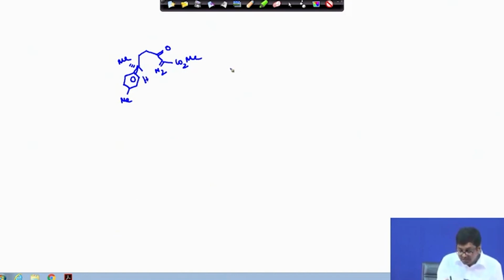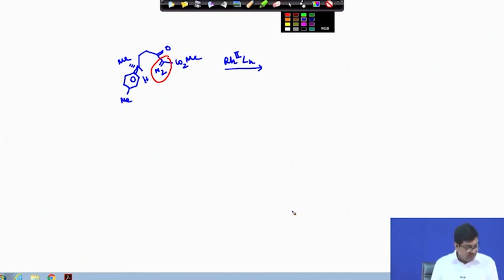If we use rhodium 2 acetate, here I am writing rhodium 2 catalyst with Ln, it will generate the corresponding metallocarbene, and once it generates that, it will give you the corresponding cyclopentane type of ring, because if you consider 1, 2, 3, 4, 5, there is a 5-member ring that will form.